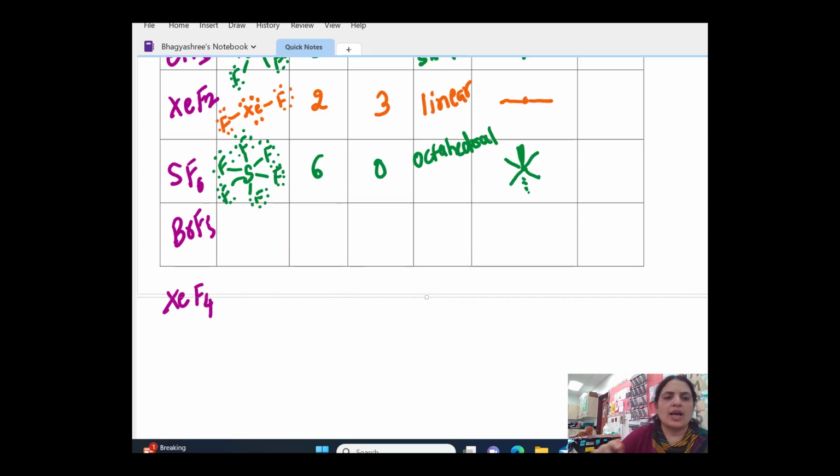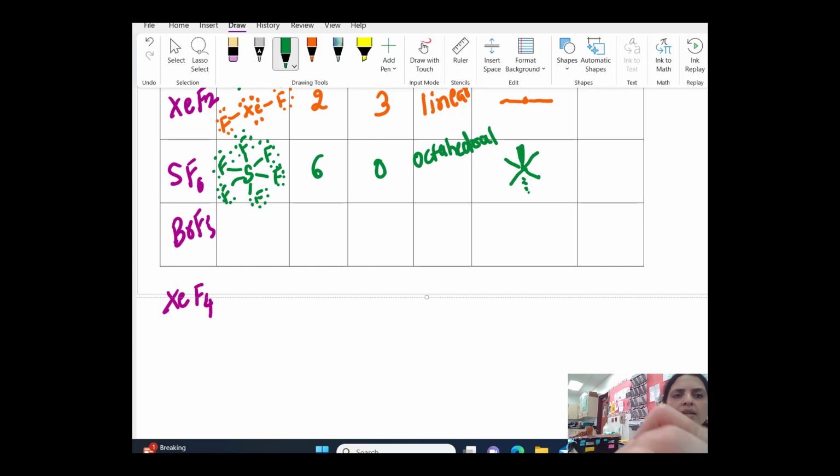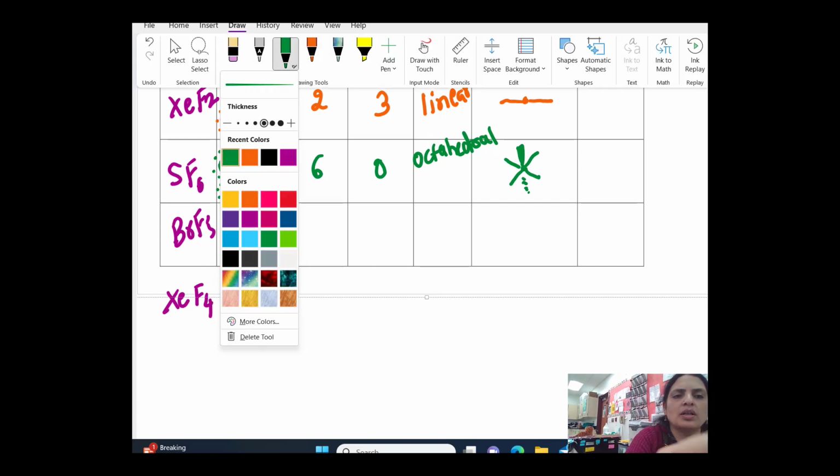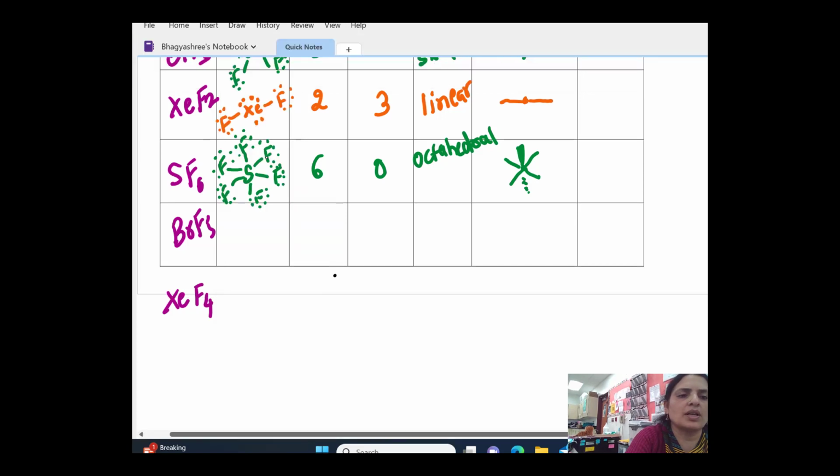Hello. Let's look at the next molecule, that is BrF5. So bromine here is the central atom, and let me just change the color. Bromine is the central atom, and there are 5 fluorine atoms around bromine.